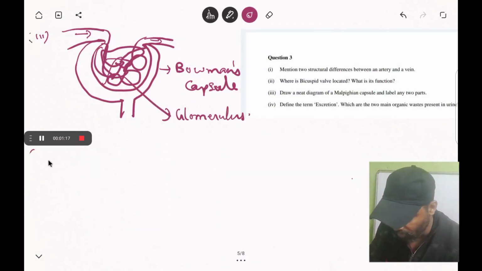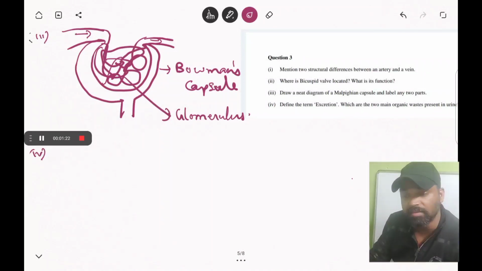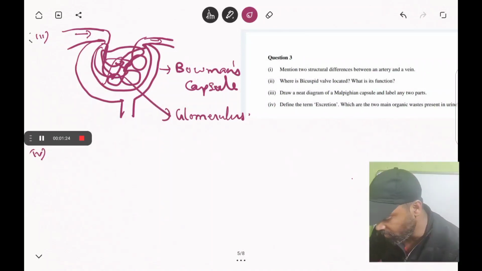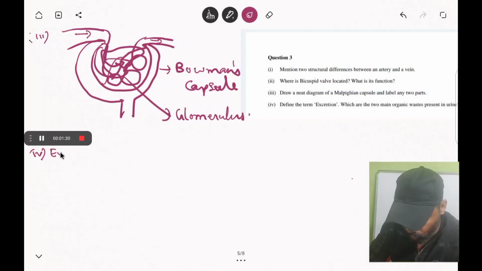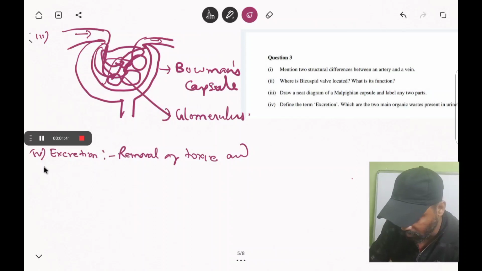Done. Number 4. Define the term excretion. Which are the two main organic wastes present in urine? First of all, what is excretion? Excretion is the removal of toxic and unwanted waste from the body.